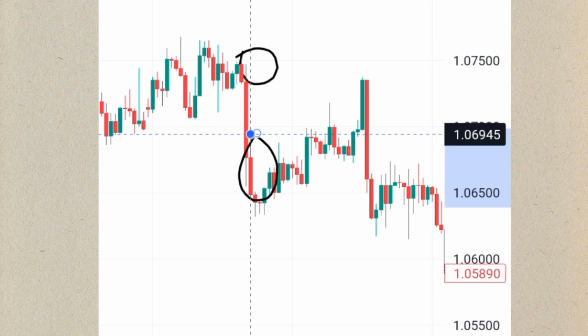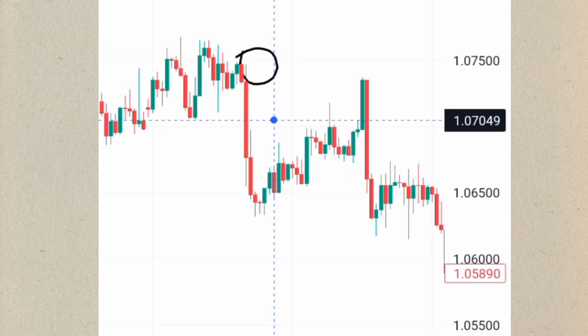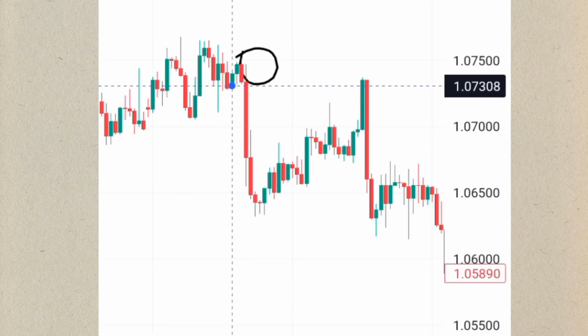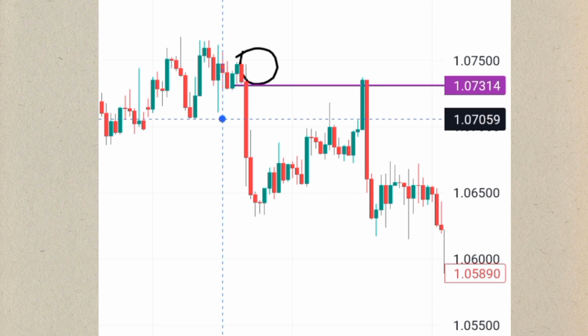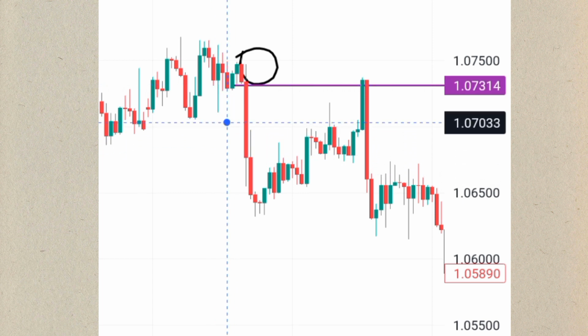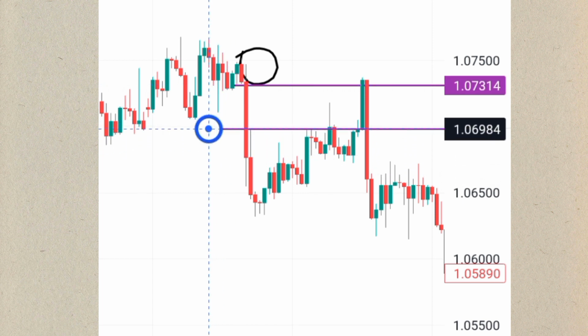So we consider the gap between this candle and this candle. The gap between those 2 candles is what we call an imbalance, or a fair value gap.